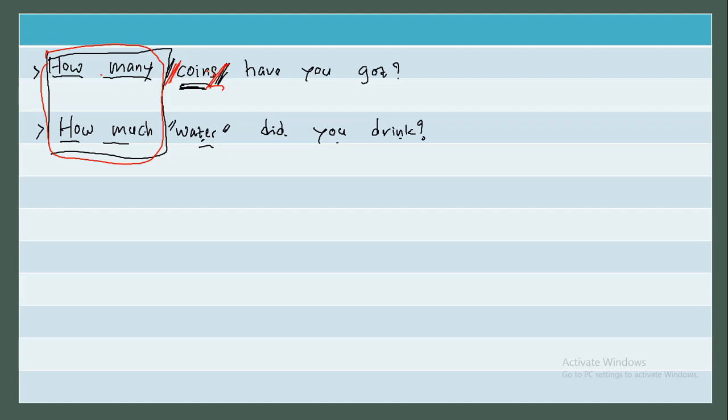So we say how many coins have you got. But water is uncountable, so it is impossible for us to use how many. We have to use how much water, because water is uncountable.